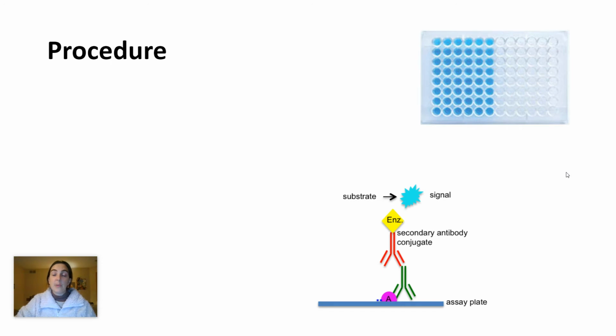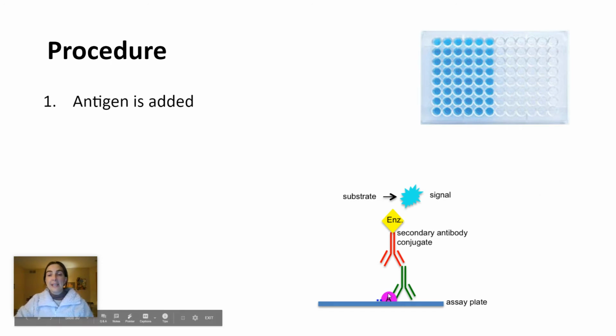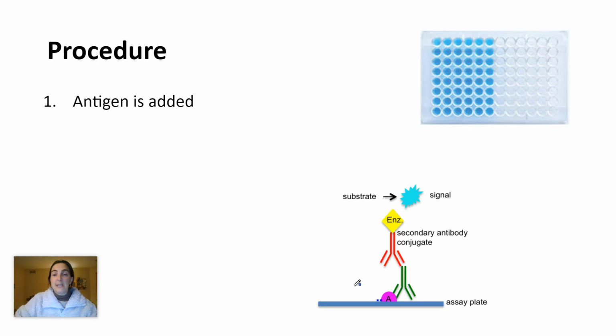The procedure that we're going to use here kind of looks like this. First, the antigen, in this case, if we are using the scenario of COVID-19, the antigen would be those proteins from the outside of a COVID-19 virus, are attached to a plastic assay plate and bond to the surface.